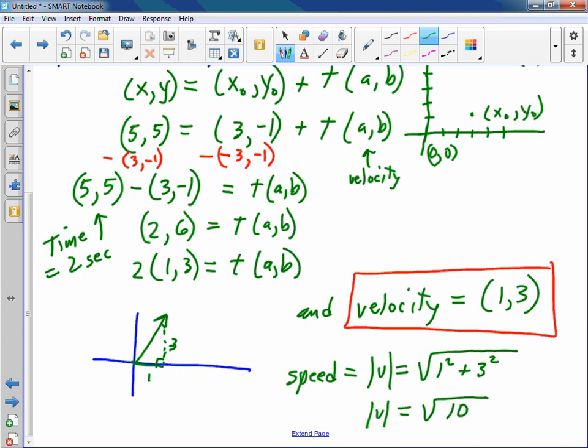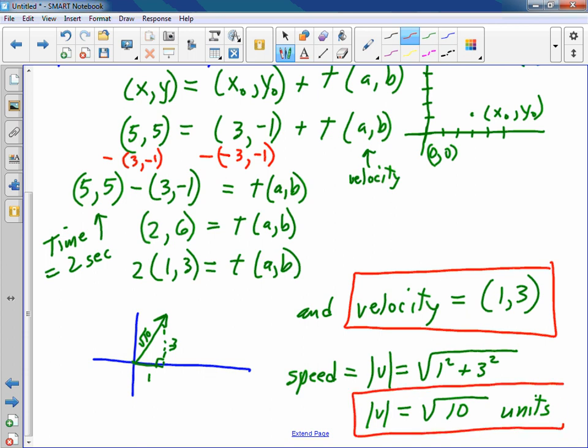That's the square root of 10. And I don't think we can reduce that, so it's just the square root of 10 units. But realize that is just the radius. There's no direction. You can go any direction you want to. And that's speed. I'm going to even write that in. Square root of 10.